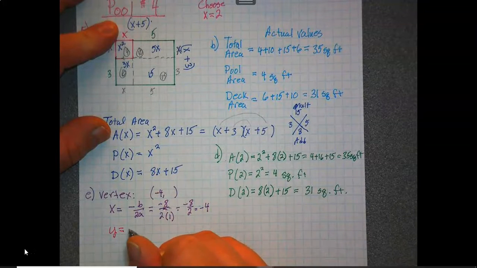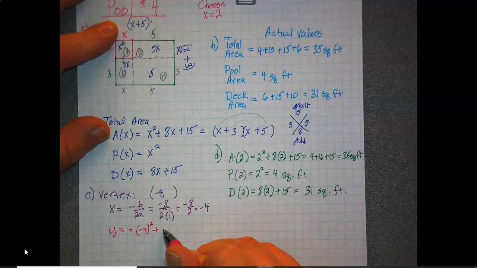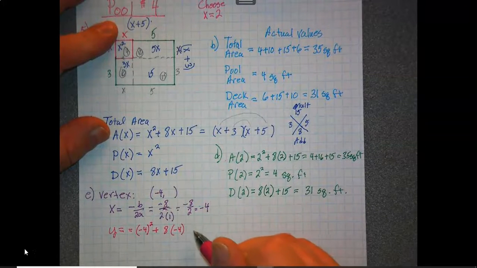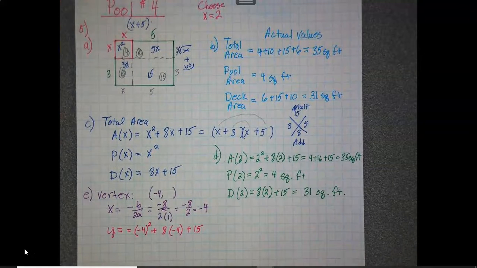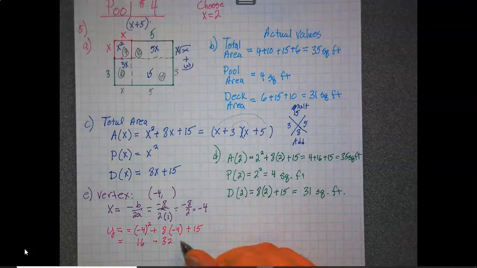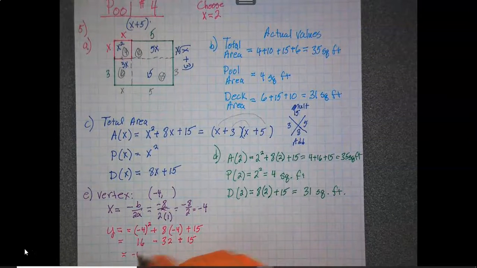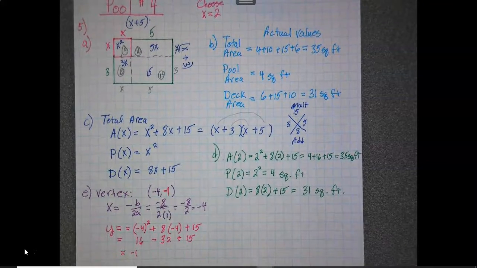So y equals negative 4 squared plus 8 times negative 4 plus 15. My y-coordinate is going to be 16 minus 32 plus 15. That's going to equal negative 1. So my y-coordinate is negative 1. There's my vertex.